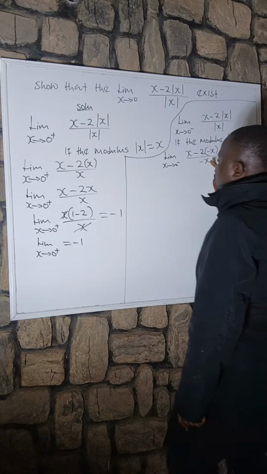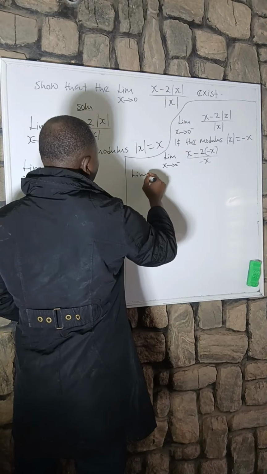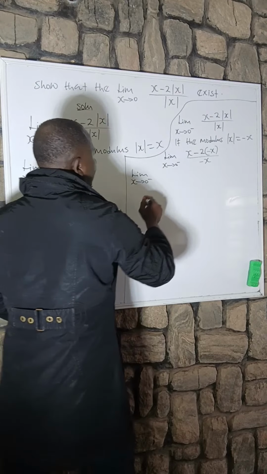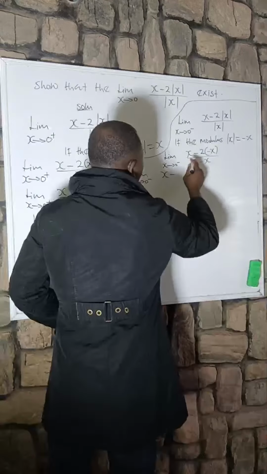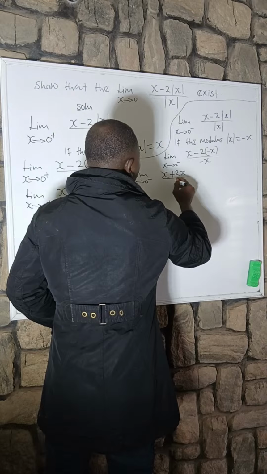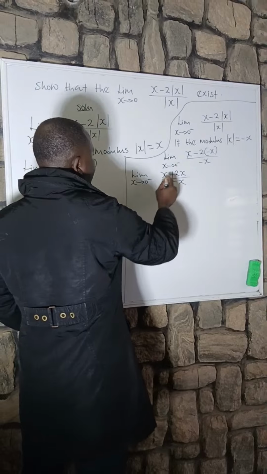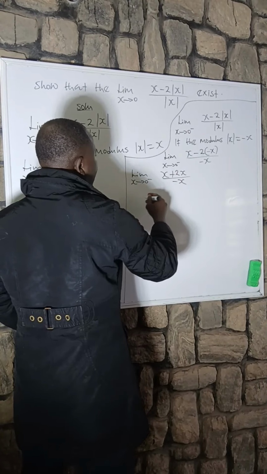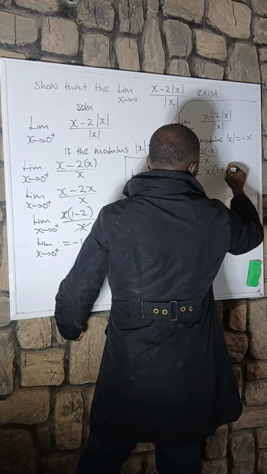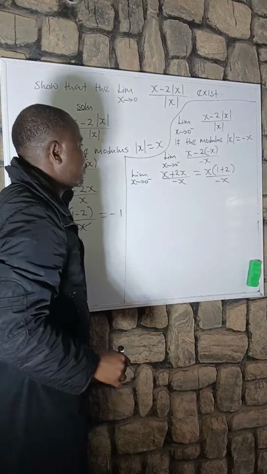We are going to do the same thing: minus times minus 2 times minus x plus 2x all over minus x. So here x is common, factor it out, 1 plus 2 all over minus x. Can you see now?